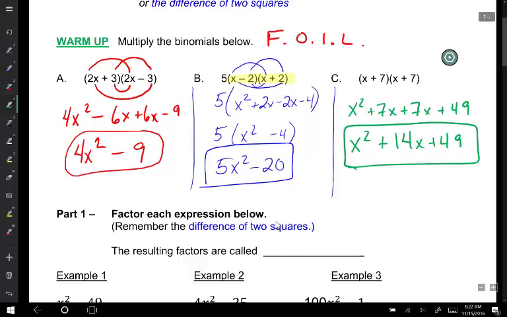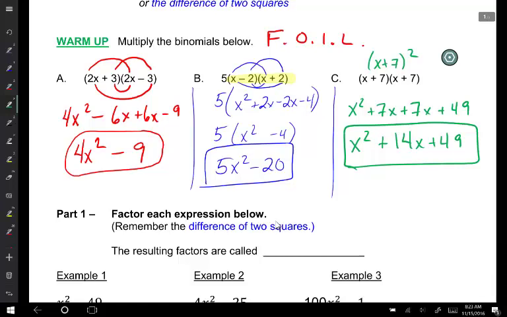Okay. So, what we have is the first term is called the difference of two squares. The second term is the difference of two squares times a coefficient in front. But the third term, do you recognize that I could have written this like this? I could have started the problem like that, but I didn't.